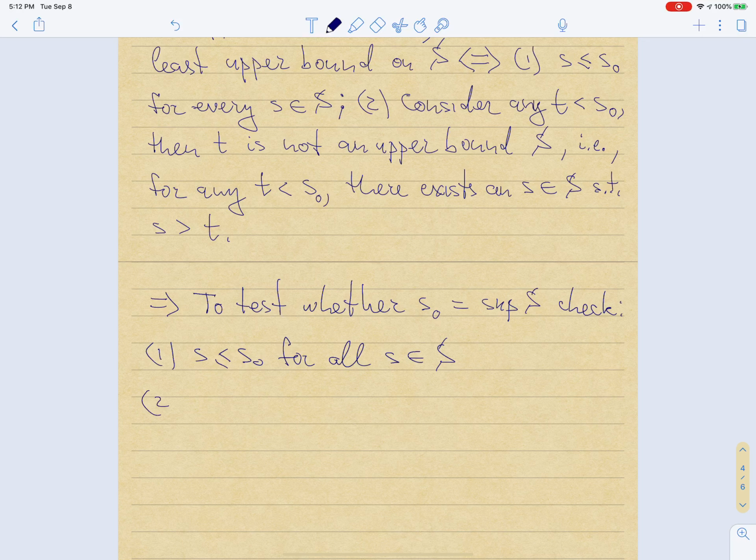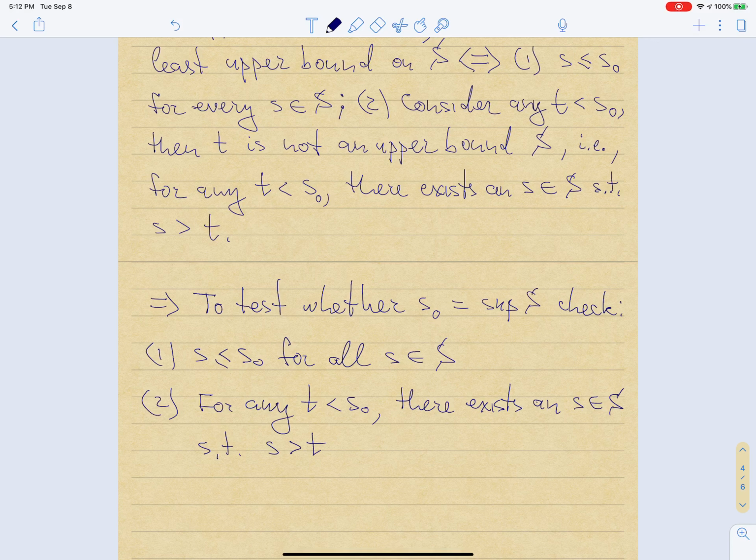And number 2, show that for any t less than S0, there exists an s in S such that s is greater than t. Part 1 implies that what you have is an upper bound. Part 2 implies that this upper bound actually is the least upper bound.